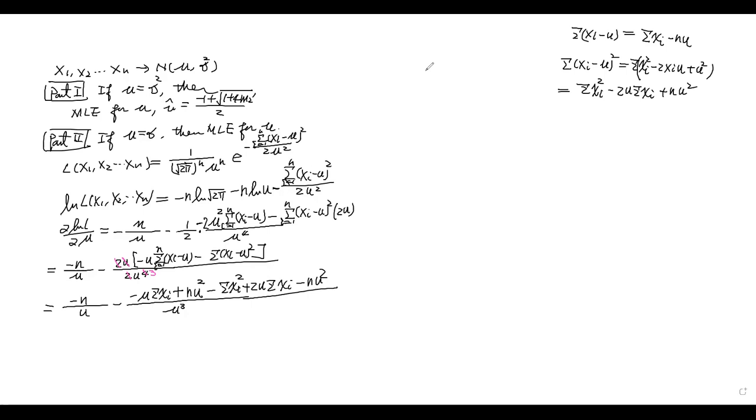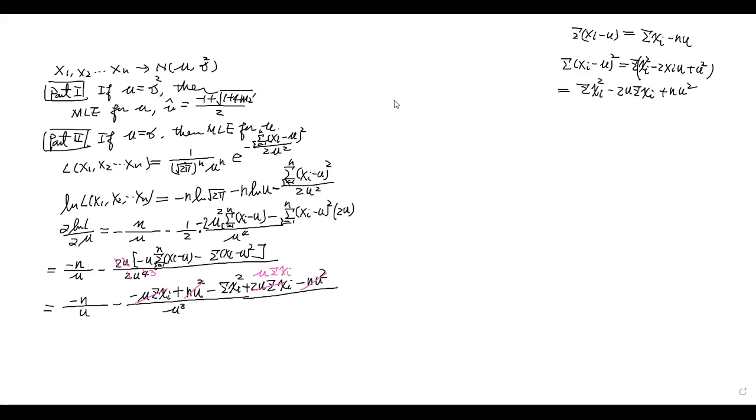All right, let's try to cancel something. Oh, this is pretty good. n mu squared, n mu squared. And so here, this is a positive 2 mu summation of xi, and this is negative, so this one and this one cancel. So it only has one mu summation of xi there. That's right.